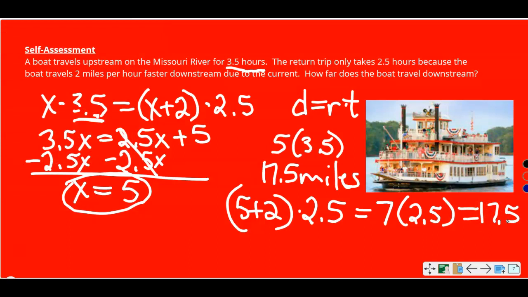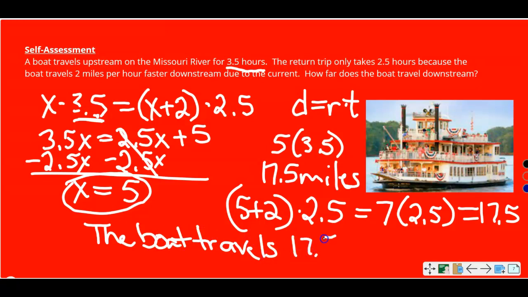So how far does the boat travel downstream? The boat travels 17.5 miles downstream. That's it for this problem. If you have any questions, let me know.